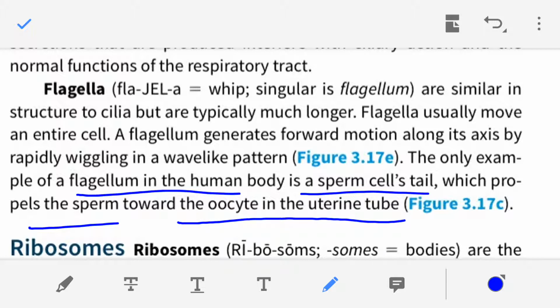The sperm is moving in the uterine tube, also known as the fallopian tube or the oviduct. In that, the sperm is moving toward the oocyte, and we know the process of fertilization. So the sperm fertilizes the oocyte and the zygote is formed. So the sperm reaches the oocyte with the help of the flagellum.